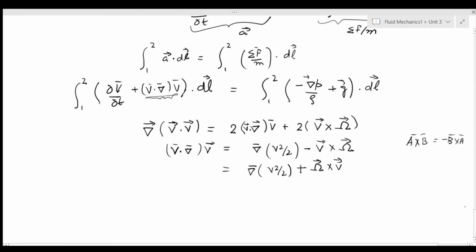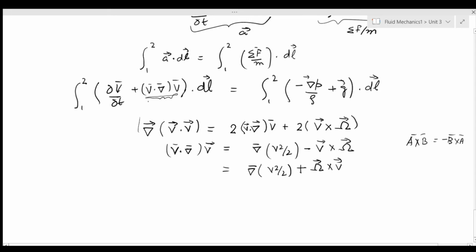I know we are getting a little bit more mathematical here, but bear with me, and you would see the fruits of this labor and really where it is helping.